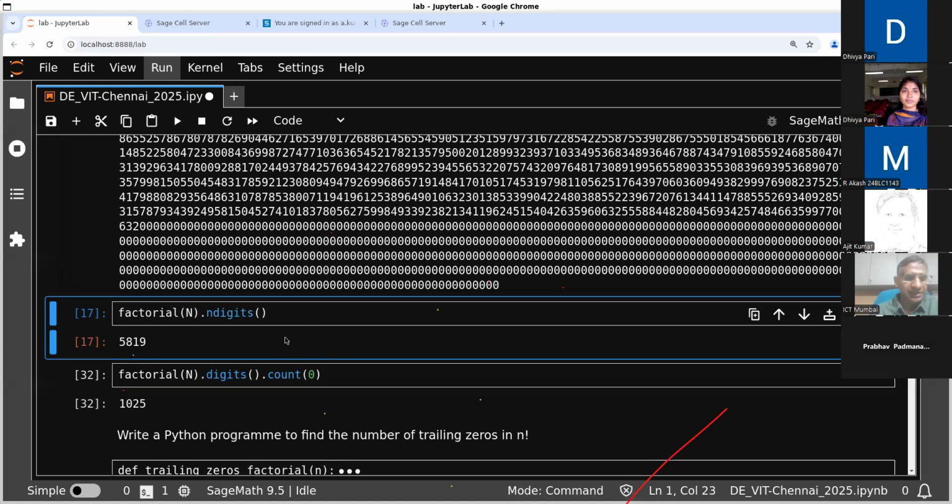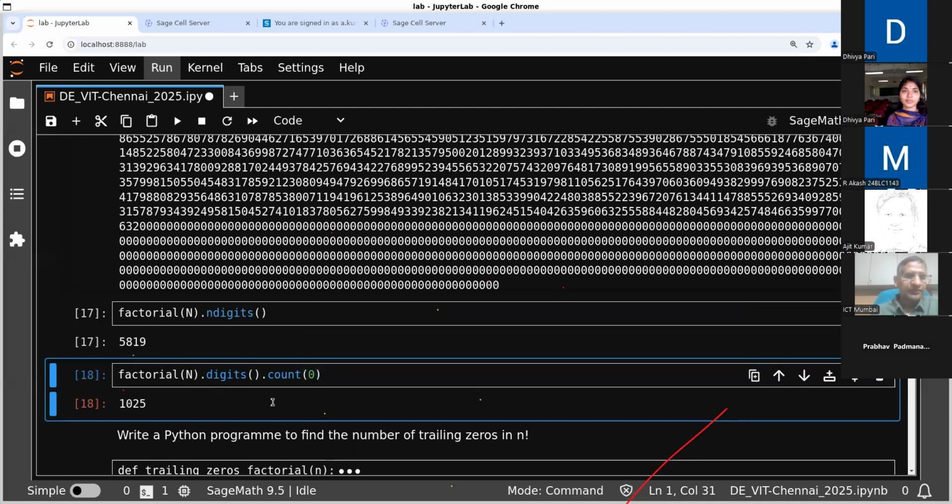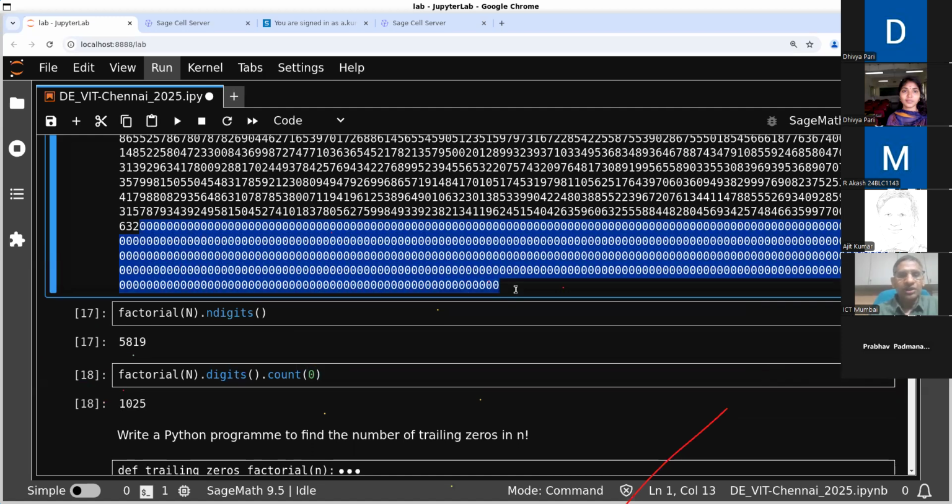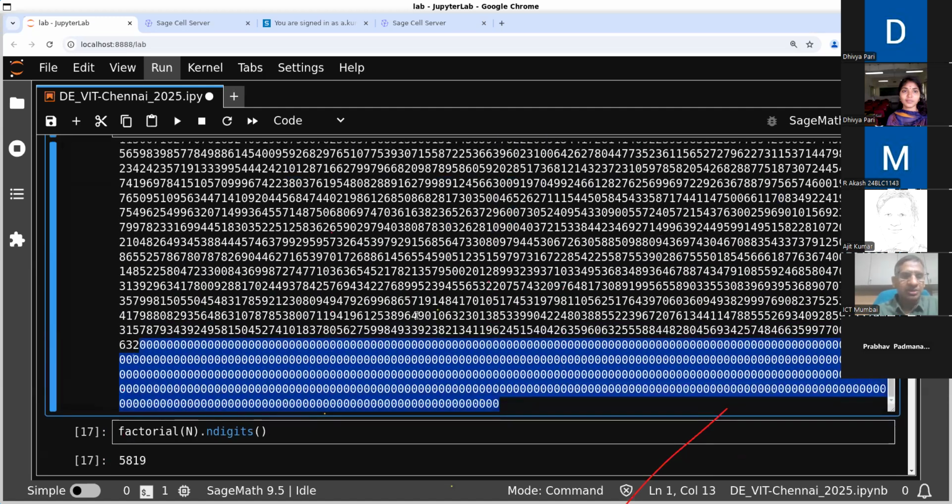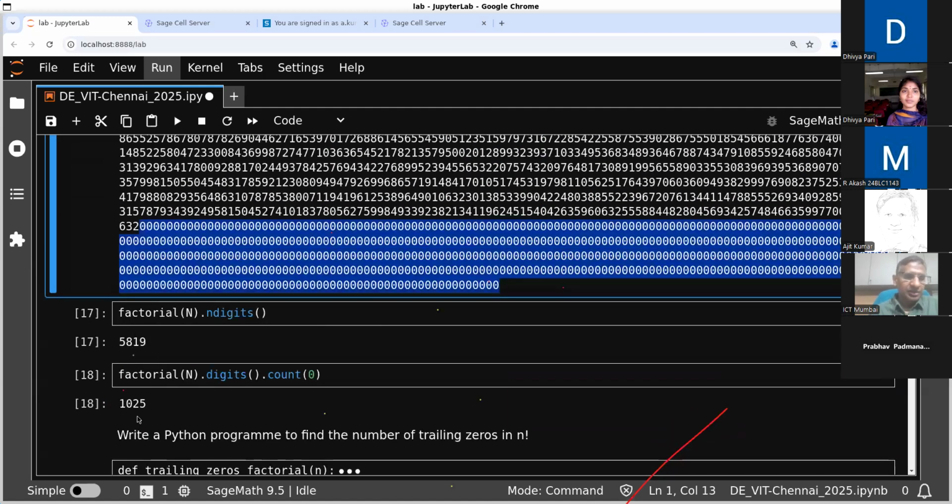Factorial 2025 has this many digits. And you can even count how many zeros are there. There are 1025 zeros, not just trailing zeros. These are called trailing zeros, but these are all the zeros in between, etc. There are 1025.